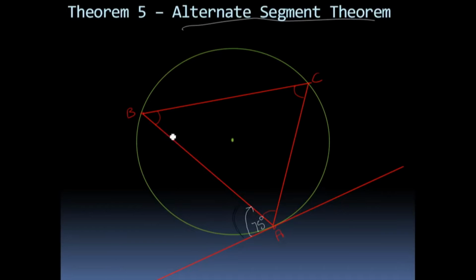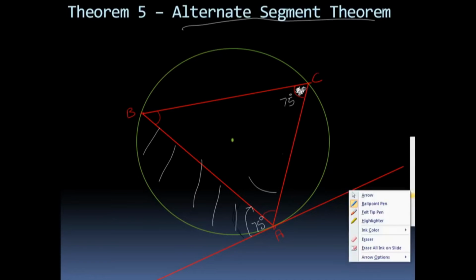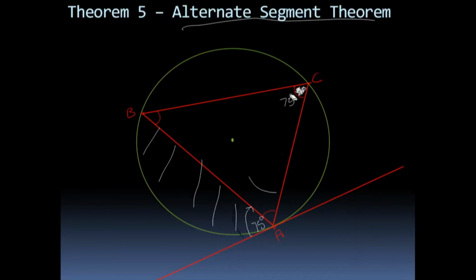So this chord divides the circle into this segment and this major segment over here. And which angle is in the major segment? This angle right here. So that angle is actually 75 degrees. If you think about it a little, that's where that's coming from.